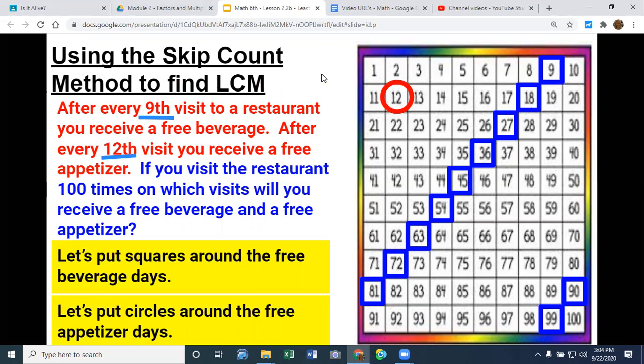What's the next 12? 24, and 36, right? 48. 60. 72. 84 and 96. Okay? Now, when do you have both a square and a circle on the same day?